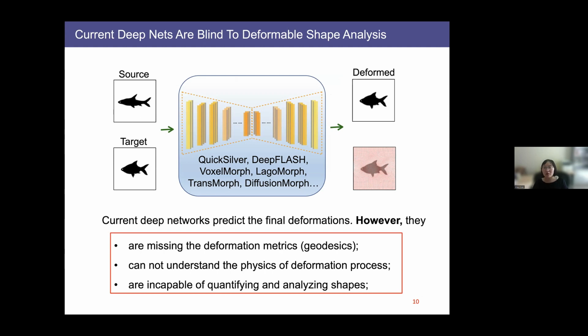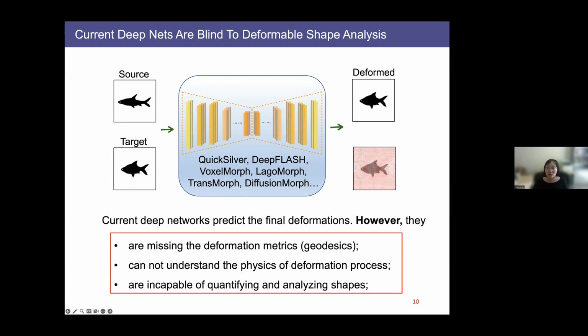But do current deep networks actually understand how exactly the object changes from one to another? For example, if I give you a pair of images, a source image and a target image, can you tell me how the deformation happened between these two objects, the entire changing process?